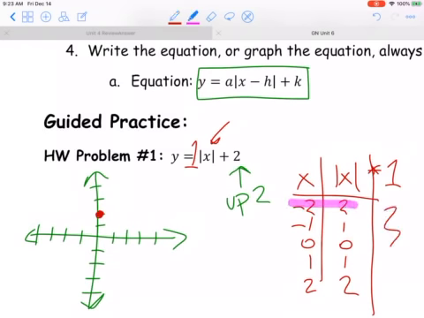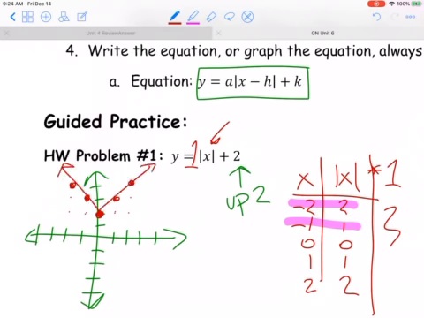So here we're going to go left 2, up 2, and make a point. Left 1, up 1, and make a point. 0, 0 stays here, 1, 1, so right 1, up 1, and then 2, 2, so right 2, up 2. And connect those and put arrows at both ends.